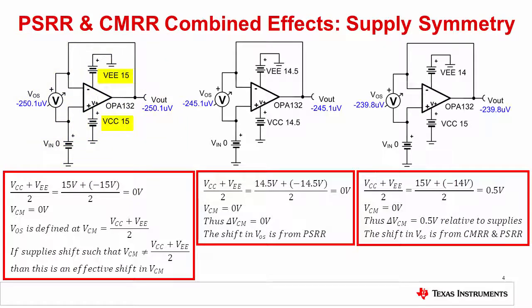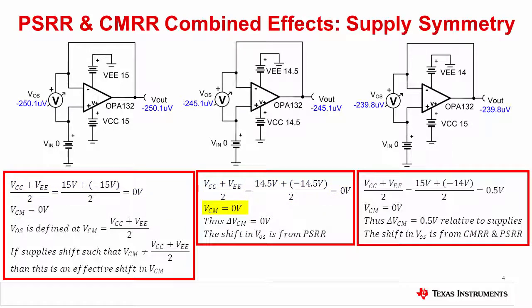This circuit has symmetrical 15-volt supplies such that the average of the two supplies is 0 volts. This is the default case, and shifts in offset will occur if the power supply or common mode voltage shift from this configuration. In the second case, the supply voltage has been changed symmetrically, such that the average voltage is still 0. In both the first and second cases, the common mode voltage with respect to ground is 0, and the average power supply voltage is still 0.